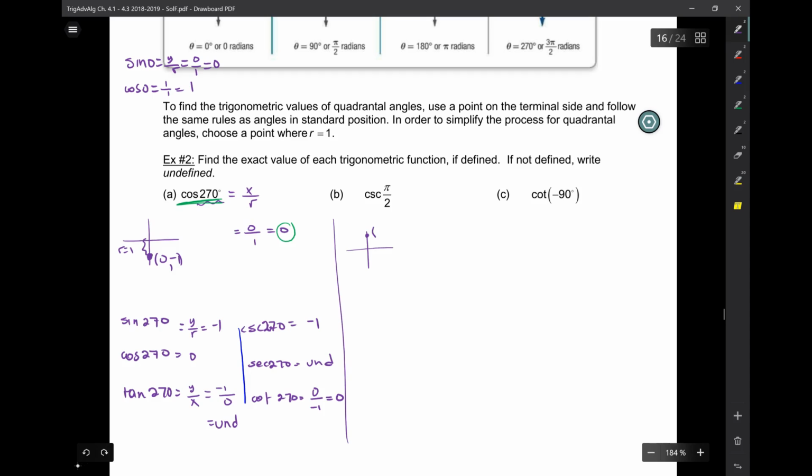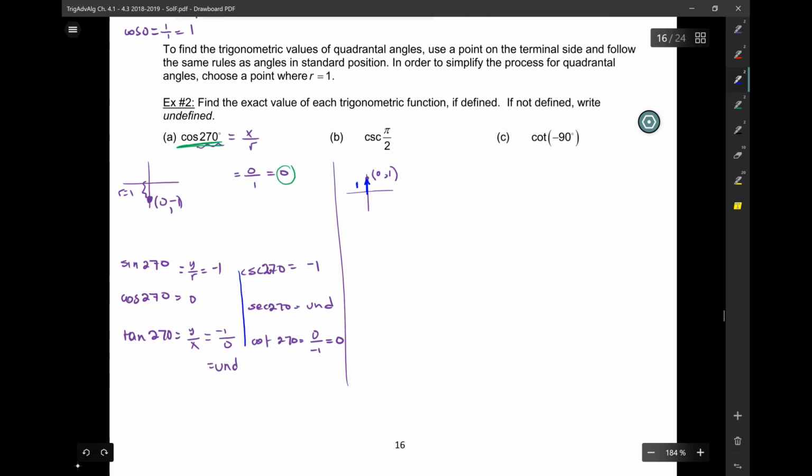Here at that point, x will be 0 and y could be a 1. And in every single one of these, this is the length of r, the radius. How big is that from 0 to that point? That's 1 unit. How do you know it's 0, 1? I choose it to be 0, 1.